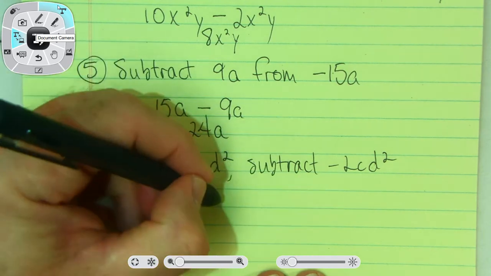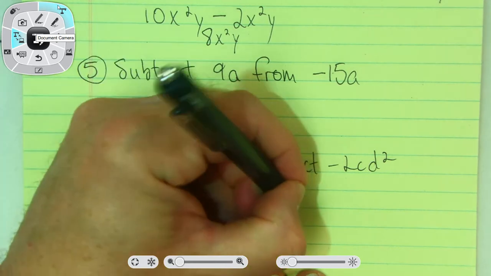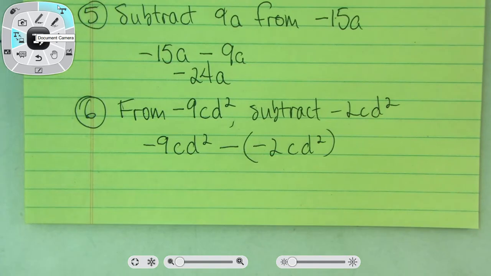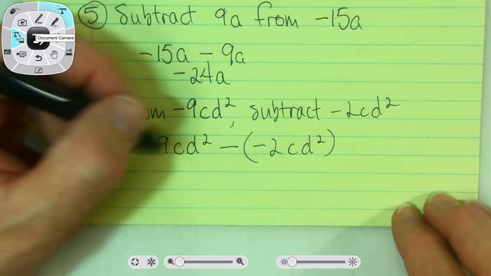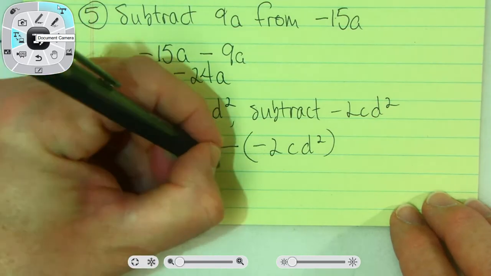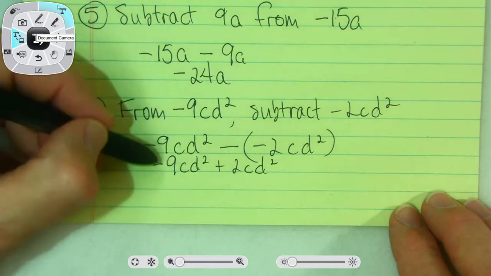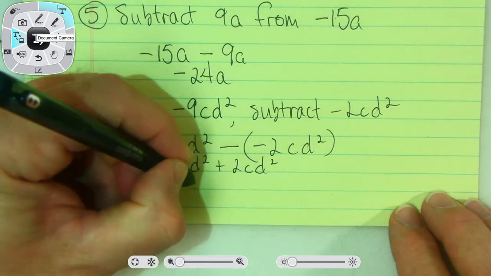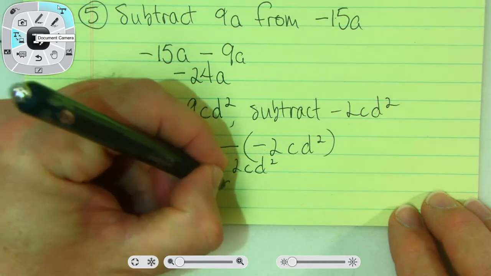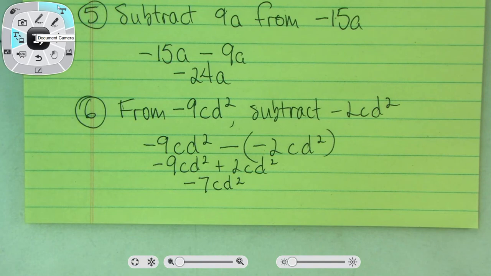And I'm going to subtract, here's my subtraction sign, the negative 2c d squared. Now, I know that when I have double negatives, I replace that with an addition sign, so it's really negative 9c d squared plus 2c d squared. Negative 9 plus 2 is negative 7c d squared. The c d squared part does not change.